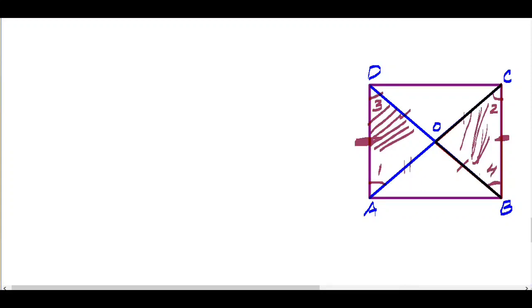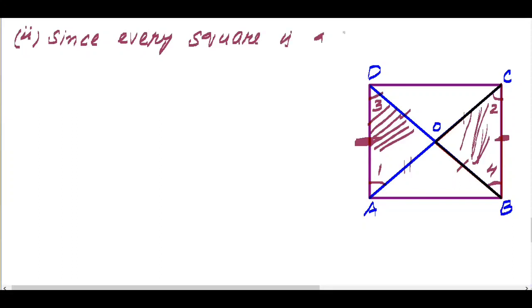Okay, so in the second part, first of all, I will write that since every square is a parallelogram, therefore ABCD is also a parallelogram.